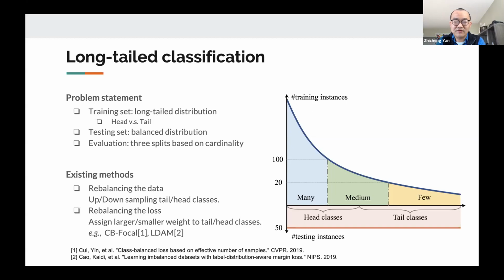However, we find that there's a problem: those methods actually tightly couple 2 things together. One is the feature representation learning, which is usually achieved by the backbone model, and the other is the classifier training. In our case, it could be as simple as a linear classifier.